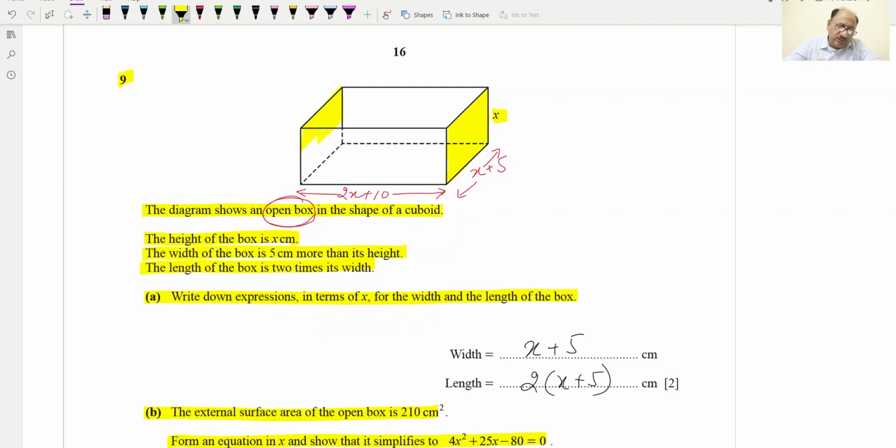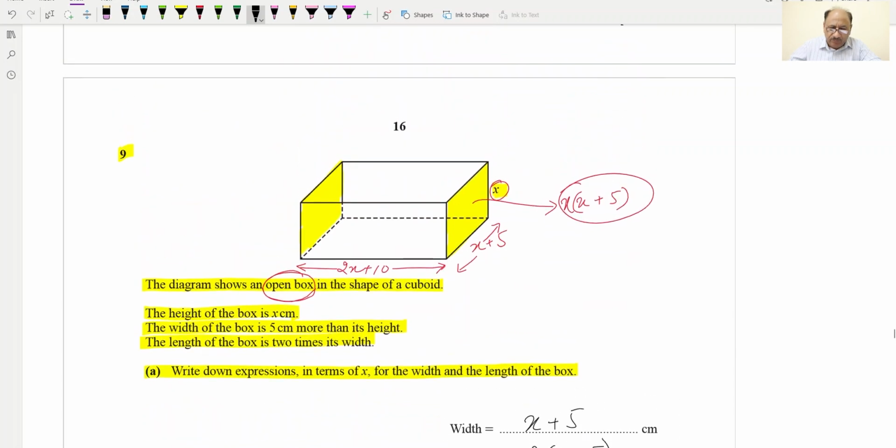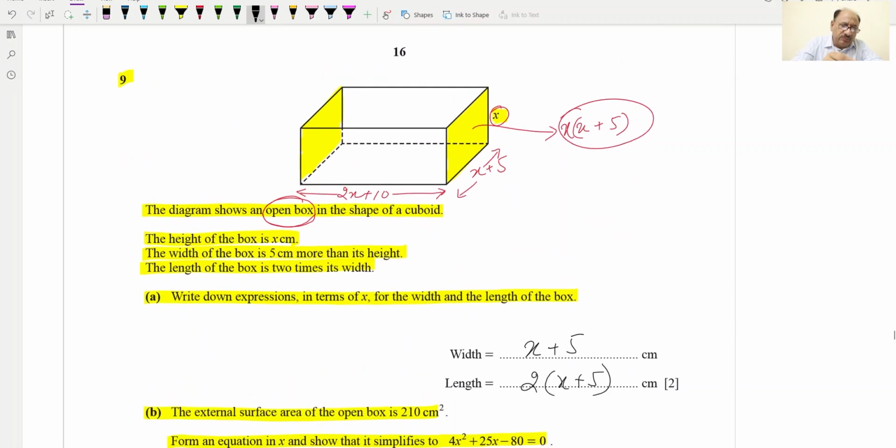This side will be x plus 5 multiplied by this x, so x into x plus 5. If we take the opposite also, it will be 2x into x plus 5. So we have taken two sides, shaded.